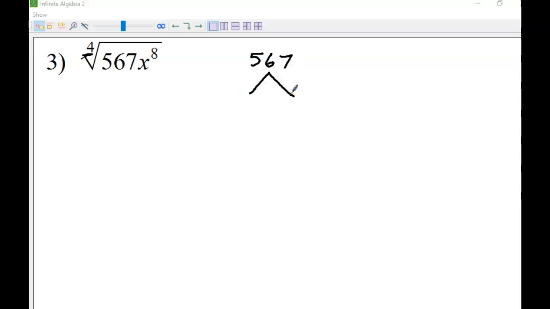Well, I know 5 and 2 don't. That's unfortunate. Those are my favorite ones. But I know 56 can be divided by 7, and so can 7. So let's try 7. 7 goes into 56 8 times, and it goes into 7 once. So it's 7 and 81, if I'm not mistaken. 81 is 9 and 9, and 9 is 3 and 3.